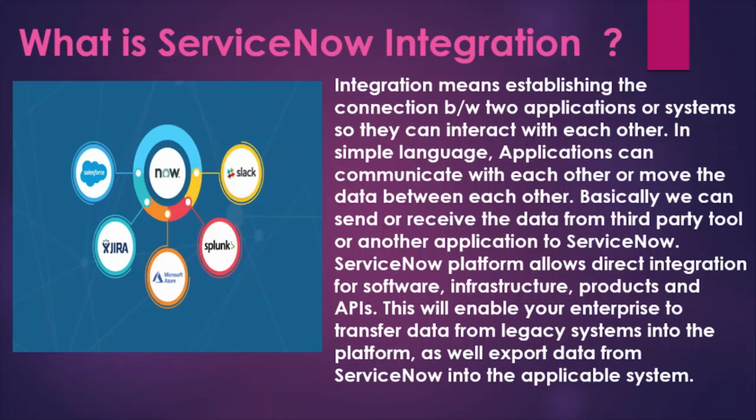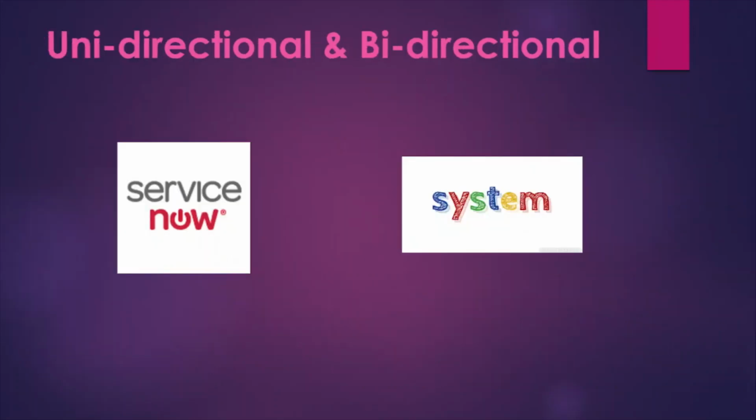There is some connection required between ServiceNow and AD, so that using the ServiceNow platform we can see AD data, right? There are multiple scenarios, but these are a few examples where we use integration to achieve this requirement. Okay, so let's navigate to the next slide and we'll try to understand unidirectional and bidirectional integration.